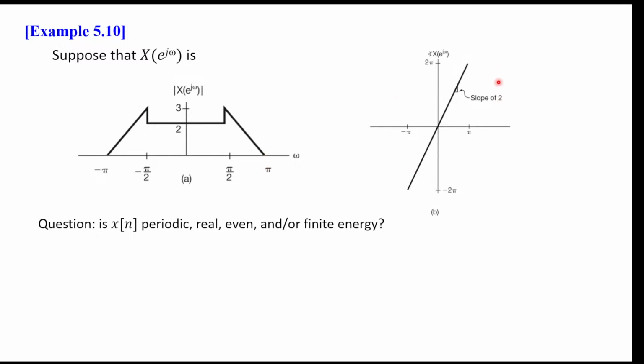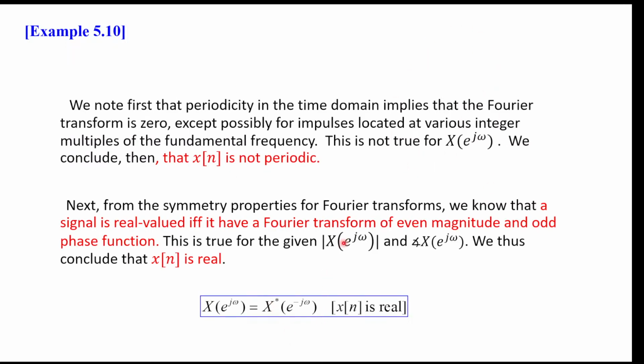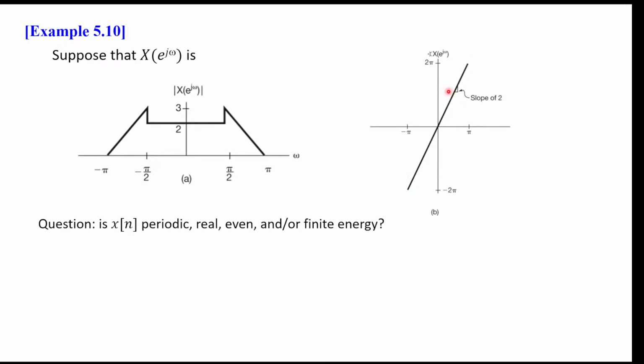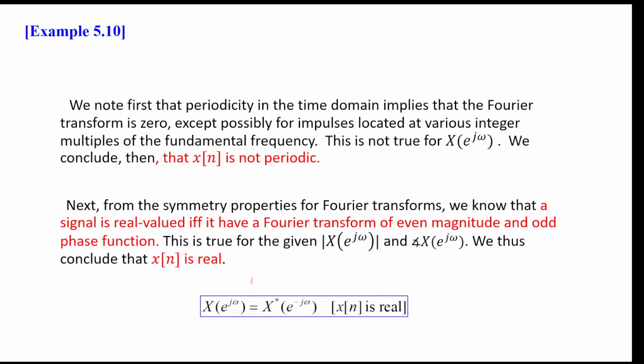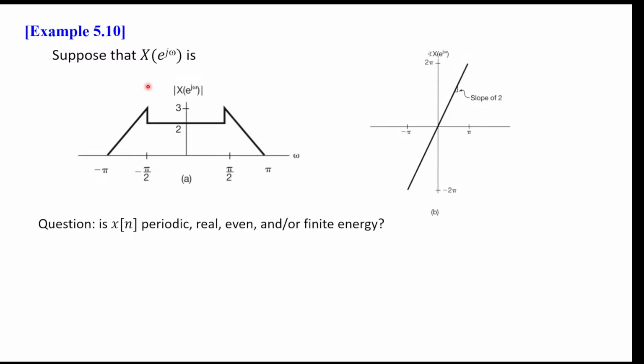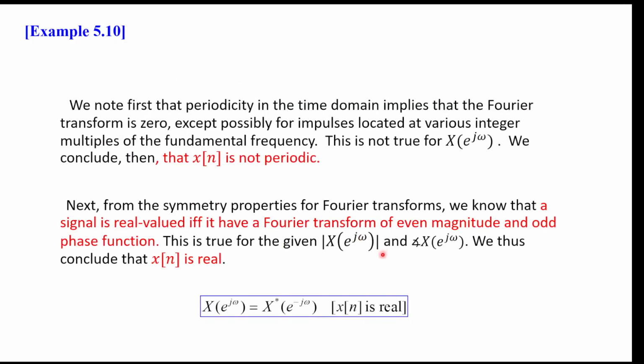Also on the angle, when you do complex conjugation, the slope will flip up and down, so it becomes a negative slope. But then you get a minus sign on omega, you flip left and right, so you flip back to the same slope. So when you do complex conjugation and the minus sign on omega, the amplitude and the angle of big X don't change. So x of n is actually real.